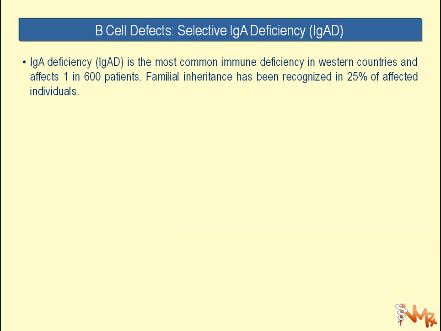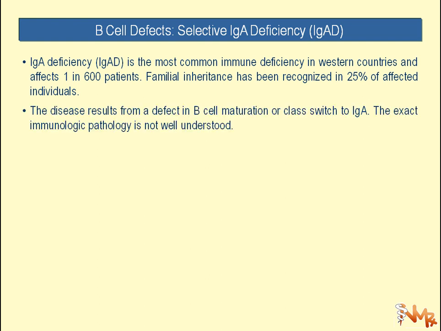IgA deficiency, as we said earlier, is the most common immune deficiency in Western countries, affects 1 in 600 patients. Familial inheritance has been recognized in 25% of affected individuals, so quite often there is a family history. The disease results from a defect in B cell maturation or class switch to IgA.